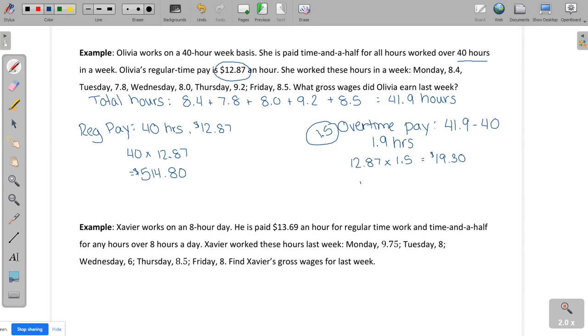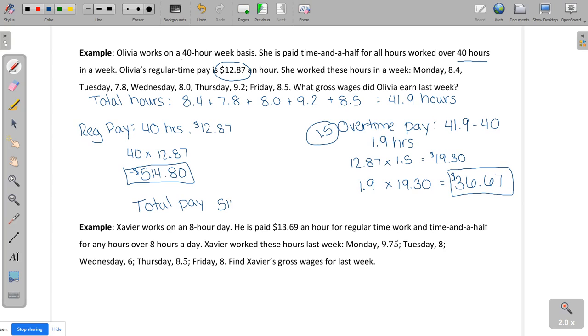So now we're going to take our 1.9, multiply it by $19.30. And that gives us $36.67. So we have our regular pay, we have our overtime pay, but now we know the total amount that she earned last week. So we're going to find the total pay by adding those two together.